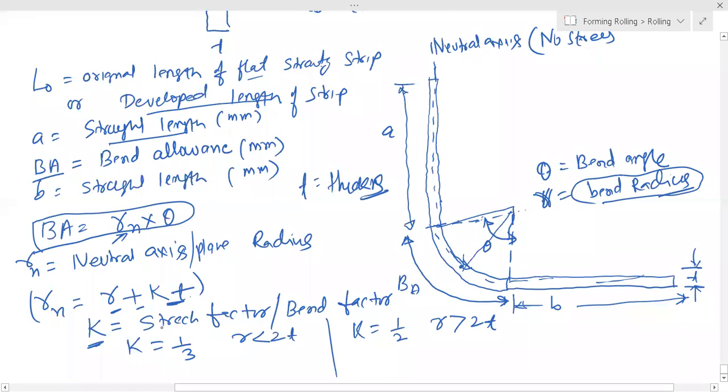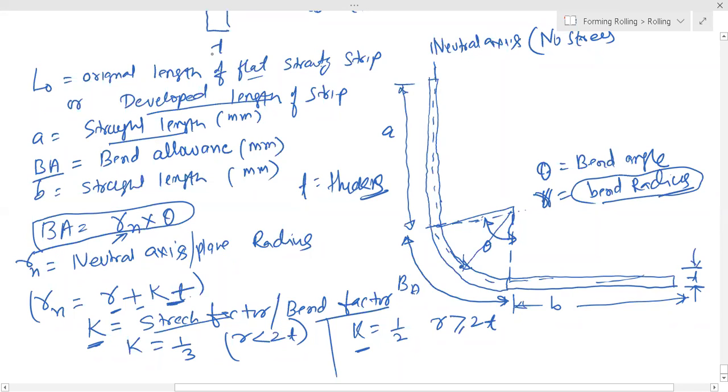Then K we call actually stretch factor or bend factor. And K value is 1 by 3 when R is less than 2T. And K is equal to half when R is equal to or greater than 2T.